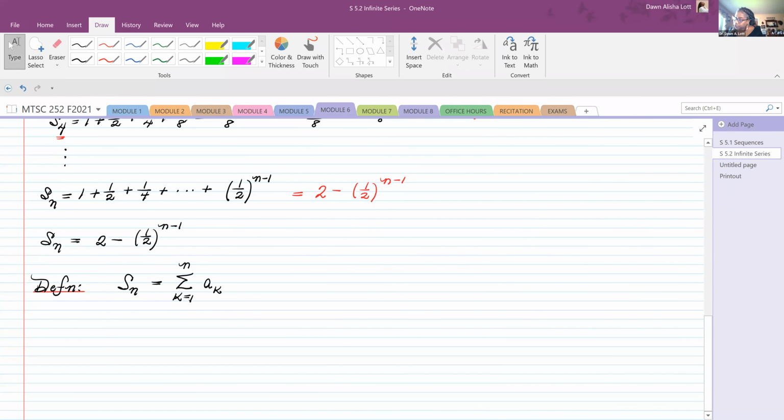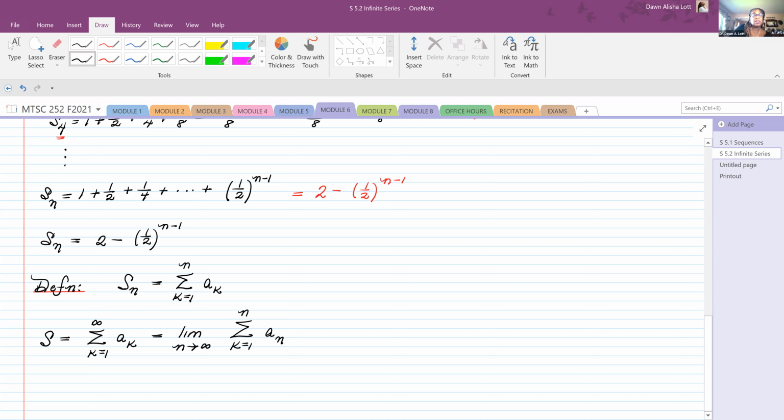Now the sum of the series, the total sum, S, which is the sum, k equals 1 to infinity of AK, is the limit as n approaches infinity of the sum k equals 1 to n of AK.